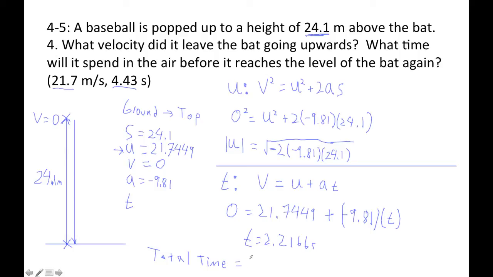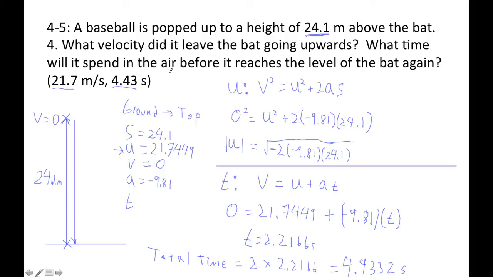Total time is equal to 2 times 2.2166, because it's 2.2166 seconds up, 2.2166 seconds down. So I multiply this by 2, and I get 4.4332 seconds. Anyway, there you go. So on this one, you cut it in half to solve it.